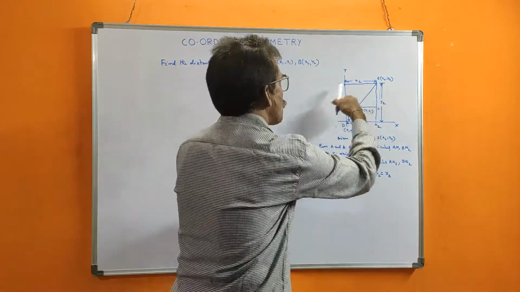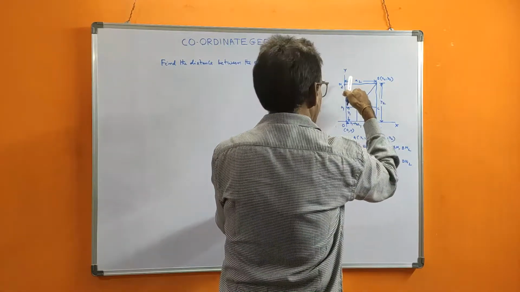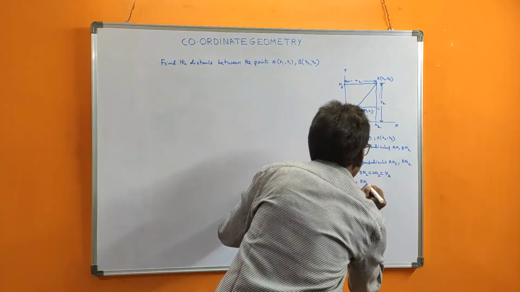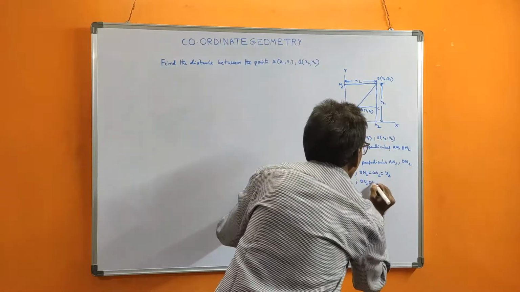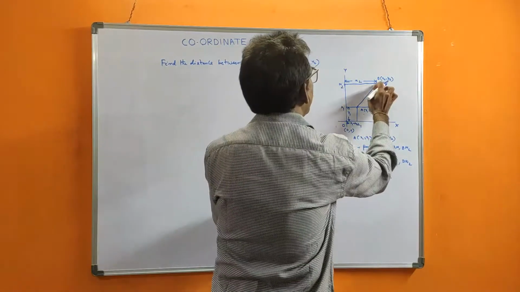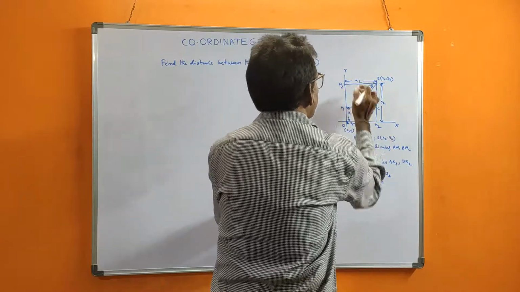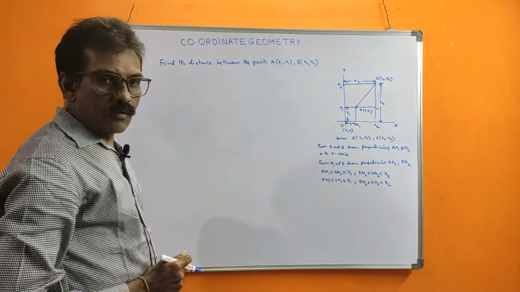In the same way, BN2 is equal to OM2, and that is x2. Okay, like that we know.